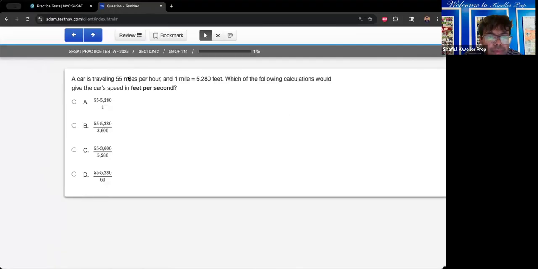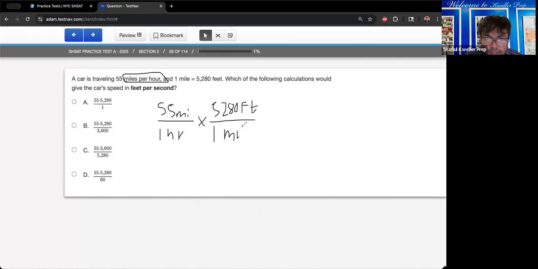55 miles an hour. So whenever you see something like this, just do 55 miles per 1 hour. 1 mile is 5,280 feet. Which of the following calculations will give the car speed in feet per second? So 55 miles, you want to get into feet. So you do the conversions. 1 mile is 5,280 feet.